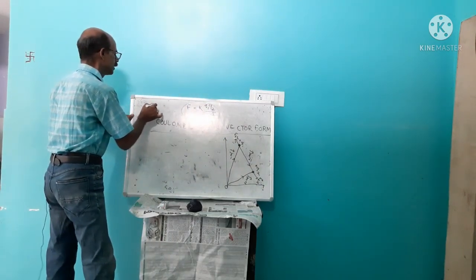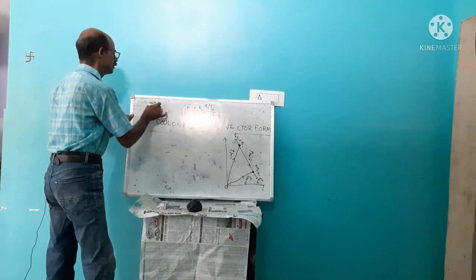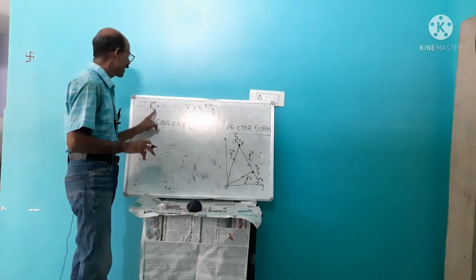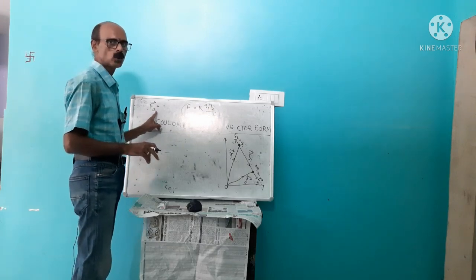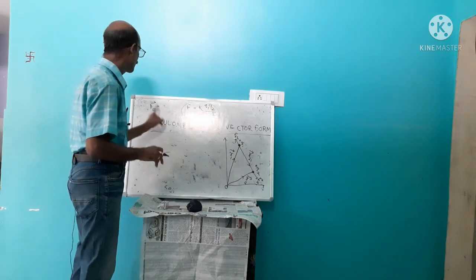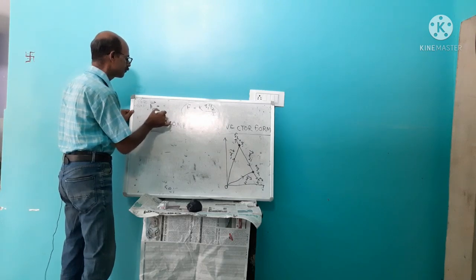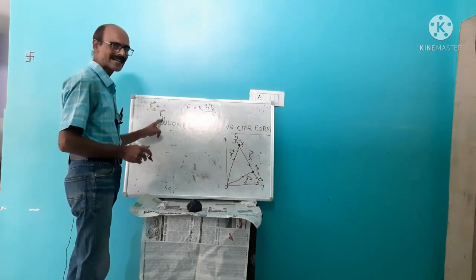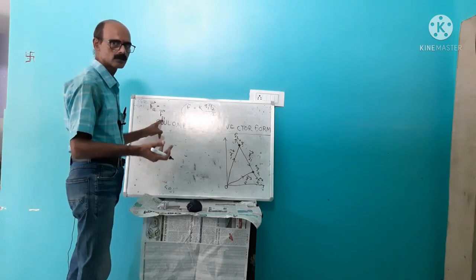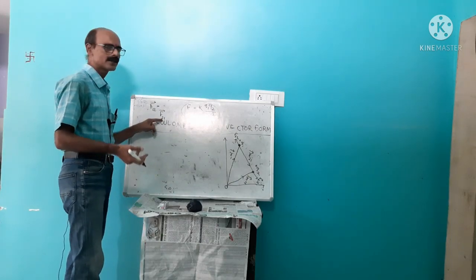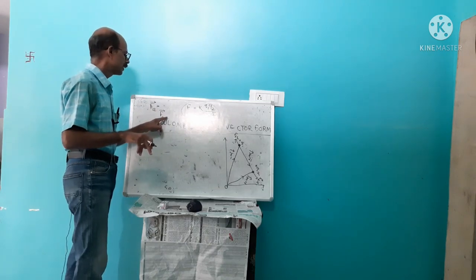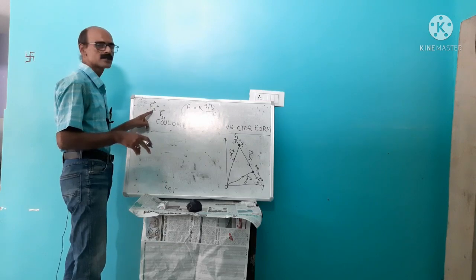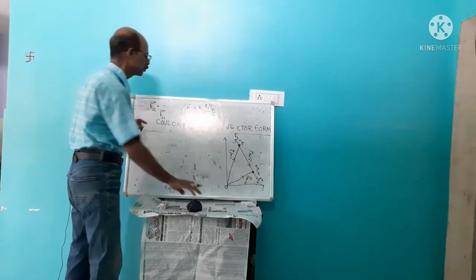F12 we have written as the force on charge 1 applied by 2. Similarly, F21 is the force on the second charge applied by 1. Force experienced by Q2 and applied by Q1. This is the force experienced by Q1 applied by Q2.